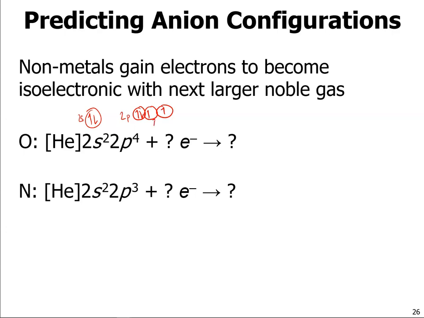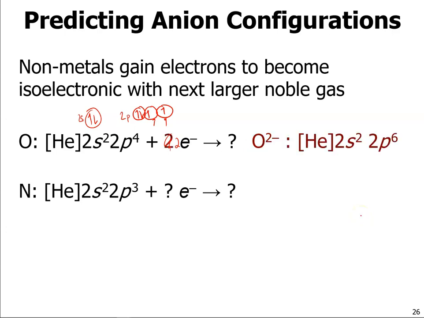So we basically have 2 spots that are open for oxygen, which means there are 2 available beds in these 2 rooms. That's the analogy I like to use for electrons to come in. So here we can add 2 electrons, right? And then we will get an oxygen with a 2 minus charge.